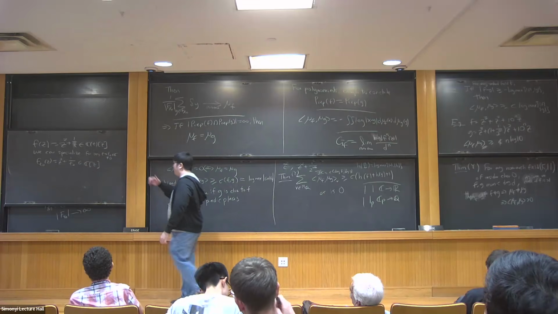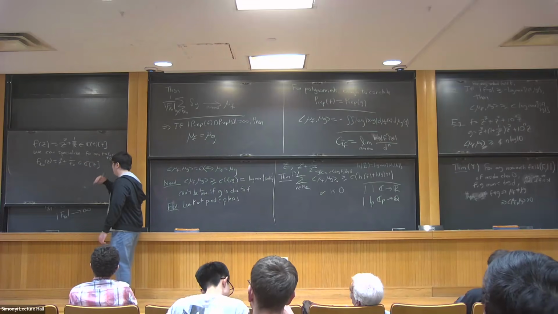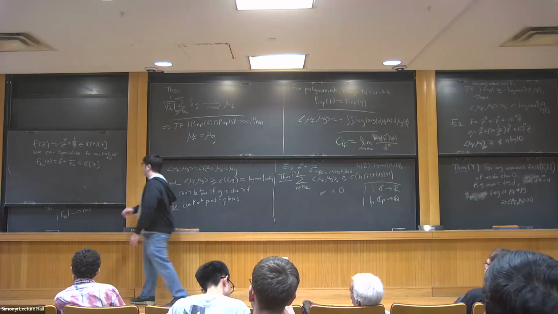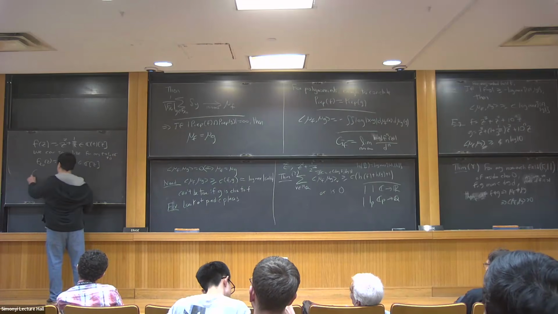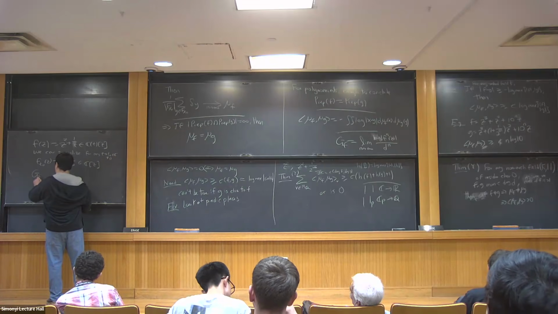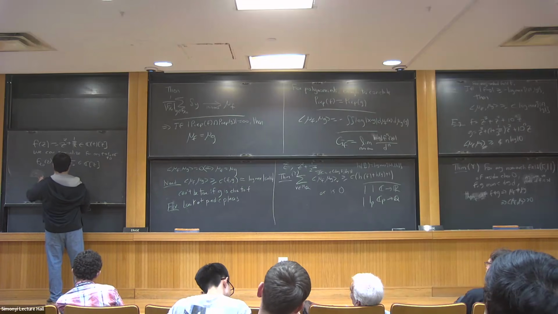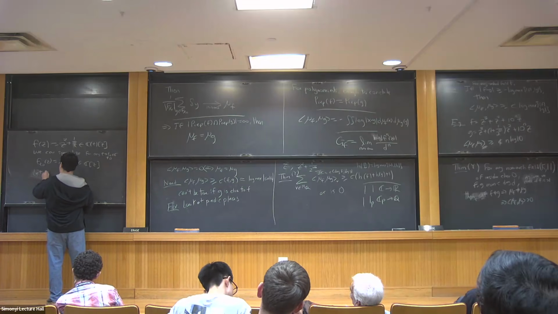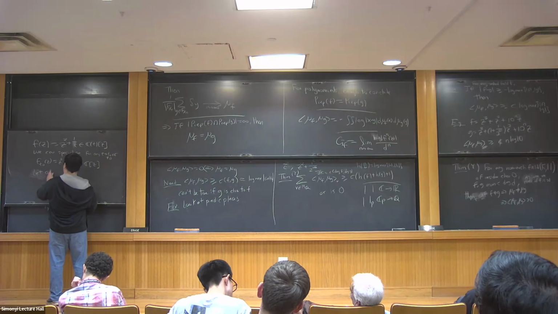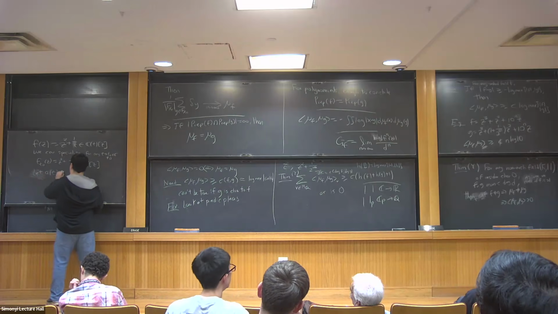So this was known way before, by works of DeMarco, Favre, and many others. If you take the Green's function of this guy, G_{f_t}, let a(t) be an element of C(t).